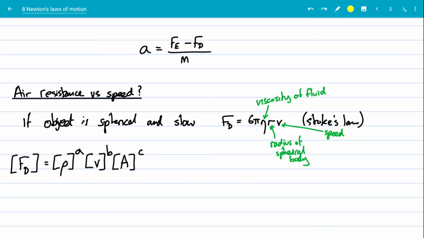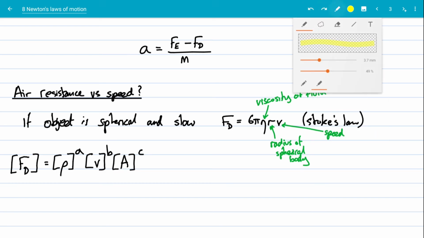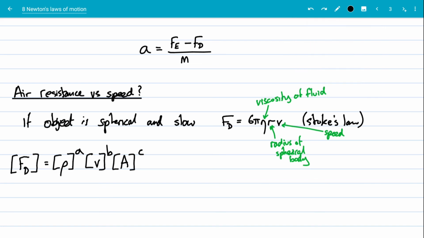Well, we could figure this out. We are going to write what those dimensions are in base dimensions. So rather than force, this is a mass multiplied by the square of a length multiplied by 1 over the square of a time. Now, how did I get the dimensions of force?